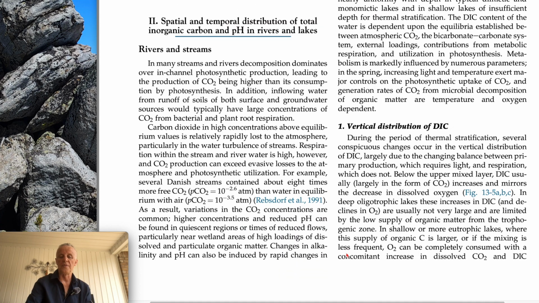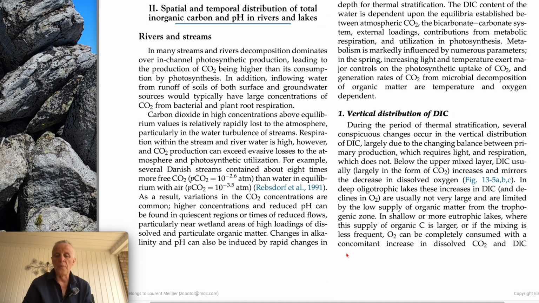Vertical distribution of DIC. During the period of thermal stratification, several conspicuous changes occur in the vertical distribution of DIC, largely due to the changing balance between primary production, which requires light, and respiration, which does not. Below the upper mixed layer, DIC usually increases and mirrors the decrease in dissolved oxygen.